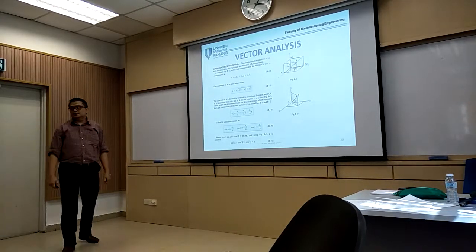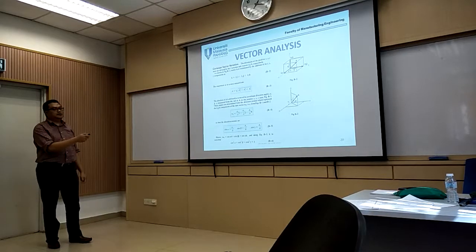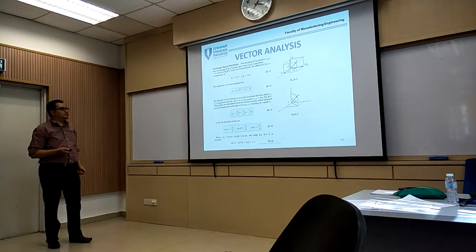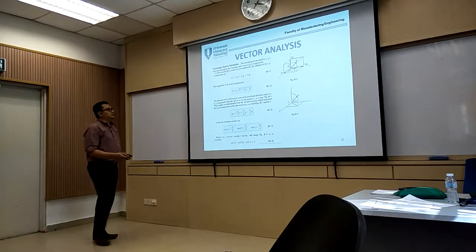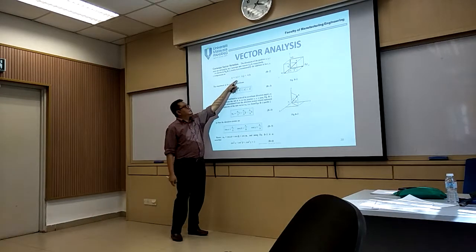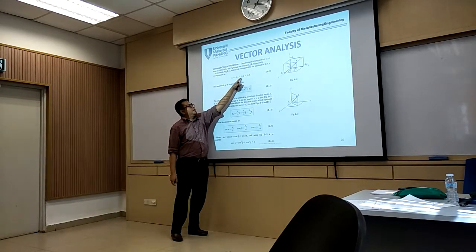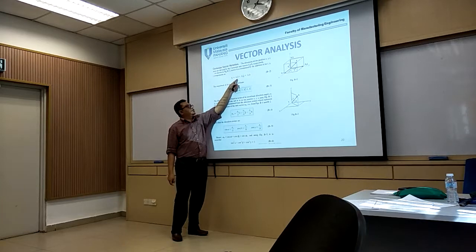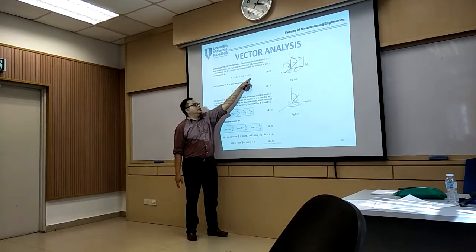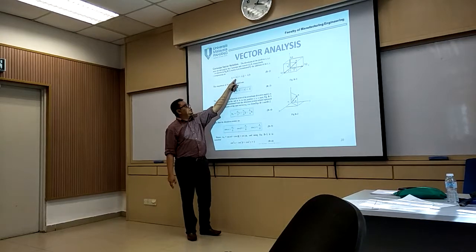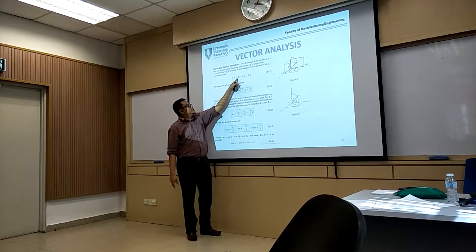A vector has direction and magnitude. A scalar is only the magnitude. In a vector, normally we write down three components, right? i, j, and k. So i represents x, j represents y, k represents z. So this represents what?